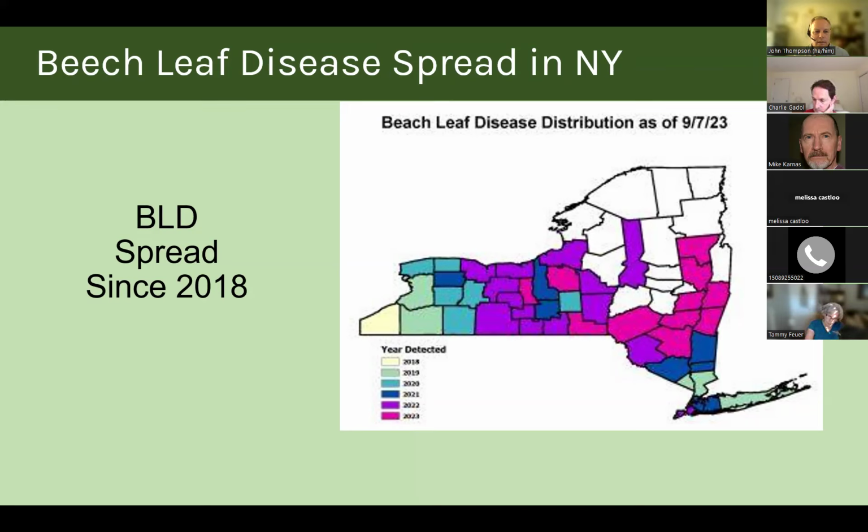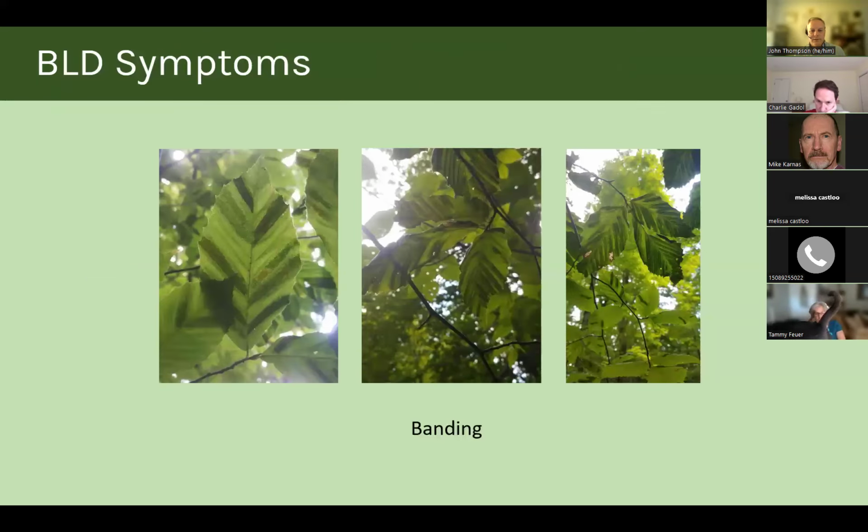Then it has spread, kind of skipped and hopped through a lot of New York State, but it was in the last few years that we've seen it move through a lot of the Catskills region. It was 2022 when we first saw it in Sullivan County. Then it's moved through a lot of our region, which I'll show you a more detailed map of in a few minutes.